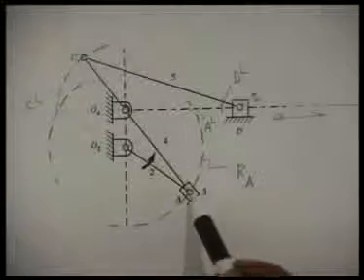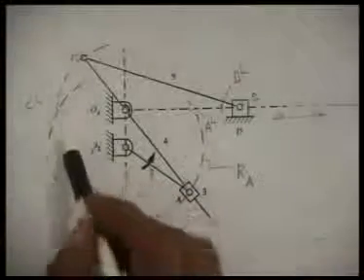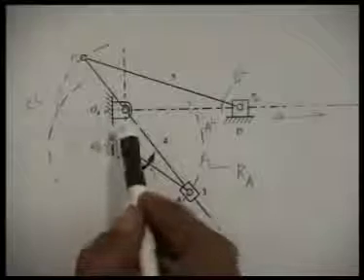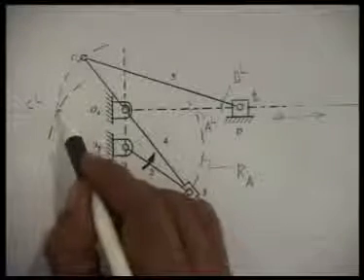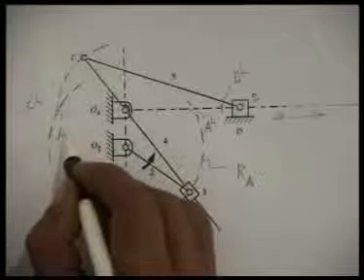Exactly the same way, when the point A occupies this point, which is the intersection of KA and the line of reciprocation of the tool through O4, let me call this point of intersection AR.